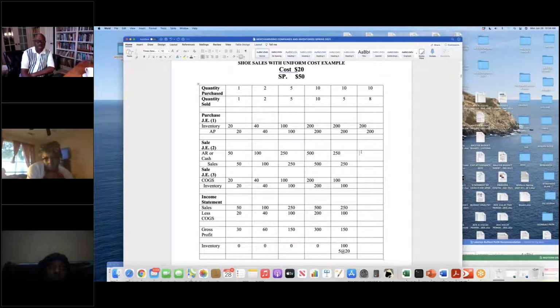We're going to have $400. What's our cost of goods sold going to be? 160. You sold 8 pairs at 20 each, so it's 160.